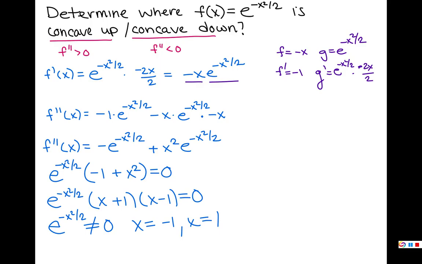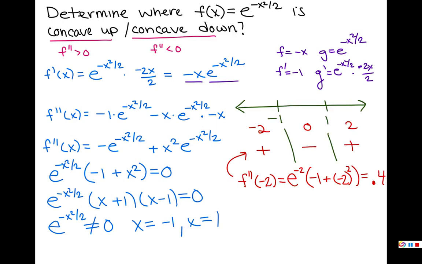So now that we found the zeros of the second derivative, we are going to create that number line. We're going to put the negative 1 and 1 into our number line, and then pick test values in each interval. I chose negative 2, which is smaller than negative 1, 0, which is between negative 1 and positive 1, and 2, which is bigger than positive 1. I took the test values and plugged them into my second derivative.